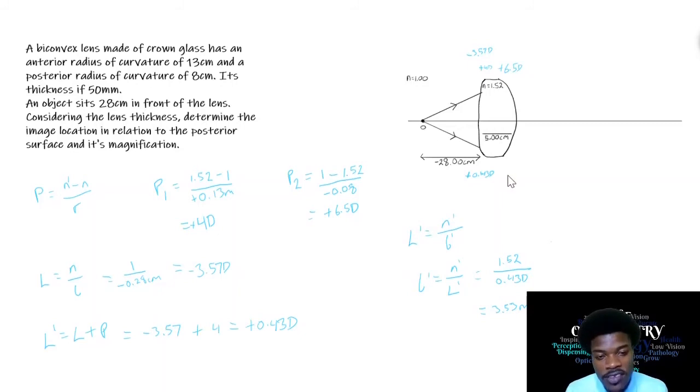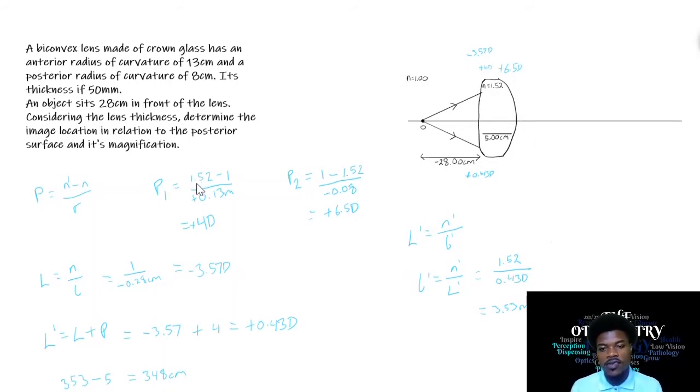Remember, we're dealing with thick lenses. We must take into consideration this 5 centimeters. So we need to minus that. So to see where this image will actually form, this virtual object, 353 minus 5 centimeters, that will be 348 centimeters.